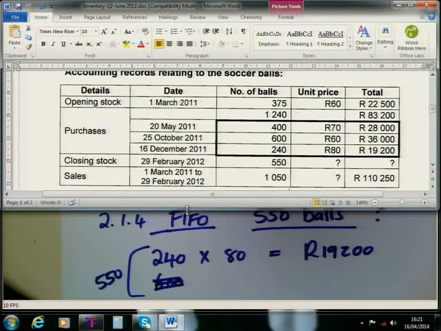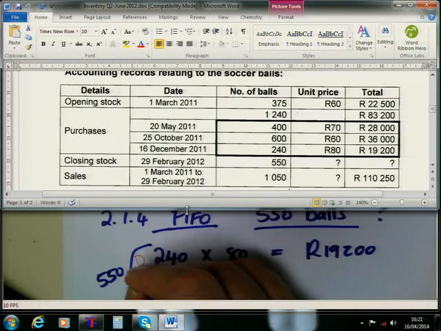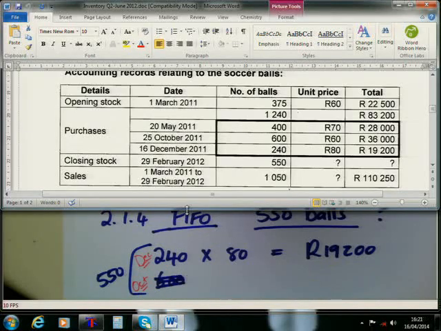So of the balls that we bought in October, how many are left? Of the 600, there's 310 left, because those two amounts together must be 550.